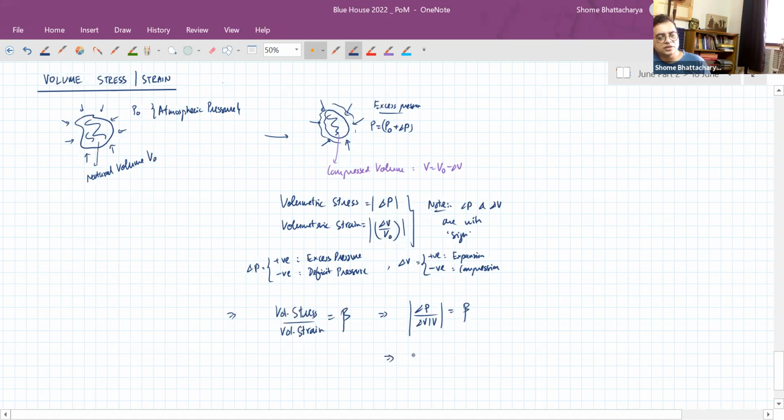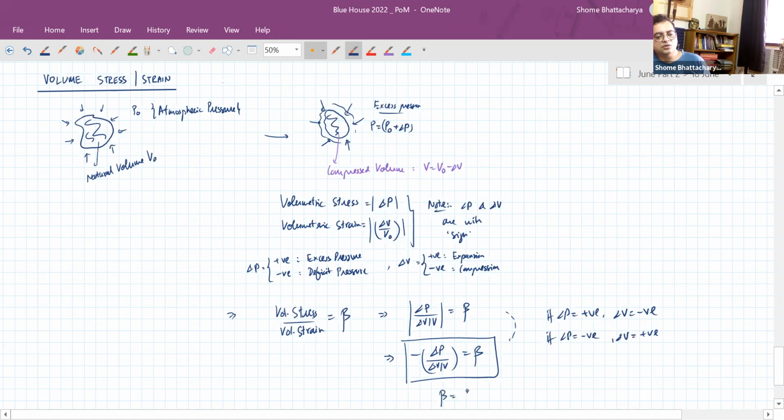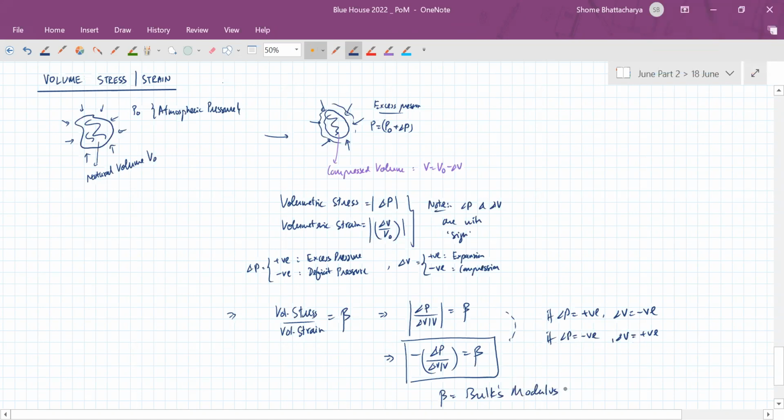To remove the modulus sign, we write a negative sign, because when delta P is positive, delta V should be negative, and vice versa. If delta P is negative, there is deficit of pressure, then there's a volume expansion. Here beta is called the bulk modulus of elasticity.